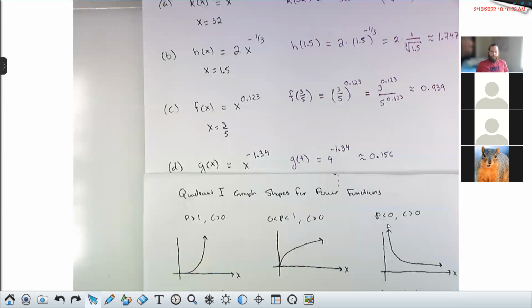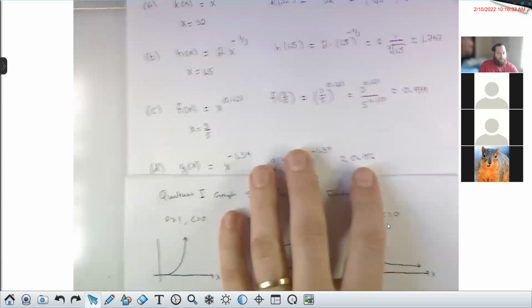Why is that? Think about the domain rules we talked about, the domain red flags.